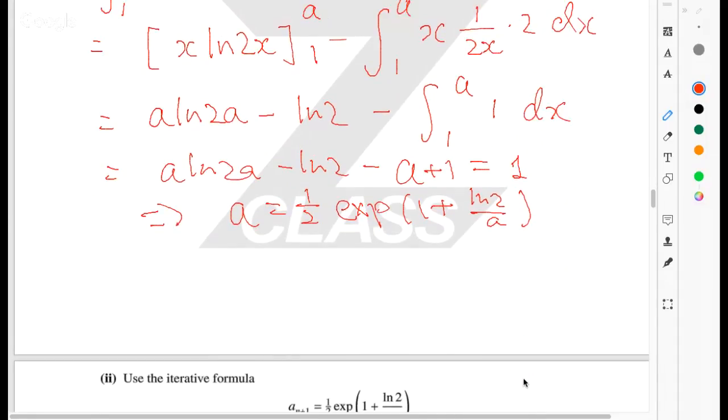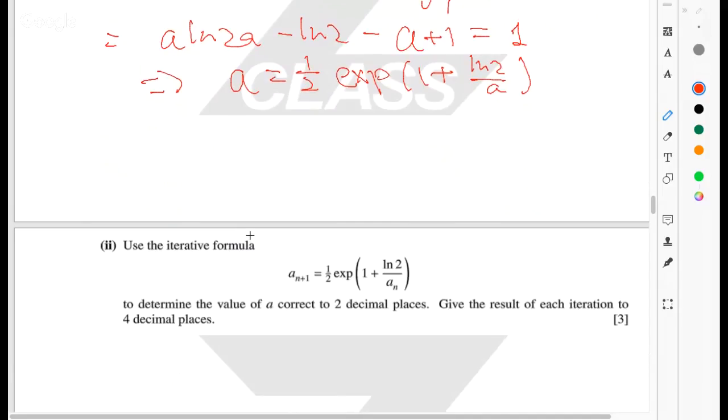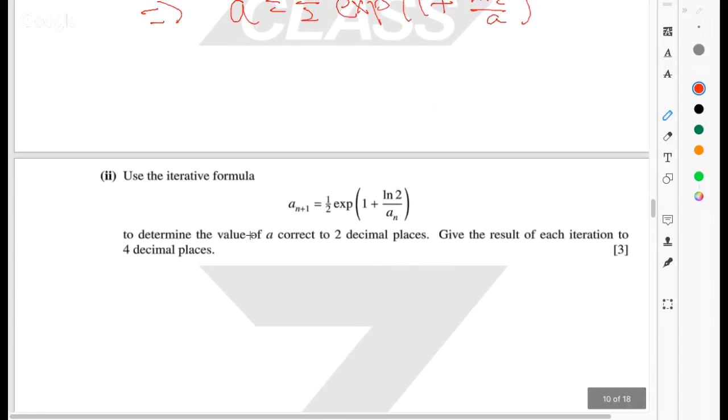So once we have this iteration formula, what we can do is choose some sensible values and then plug them in. For example, we can try a0 equals 1 and then plug this expression into a calculator. You'll get a1 is equal to something else.